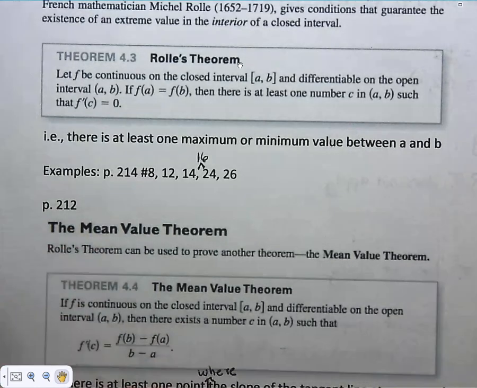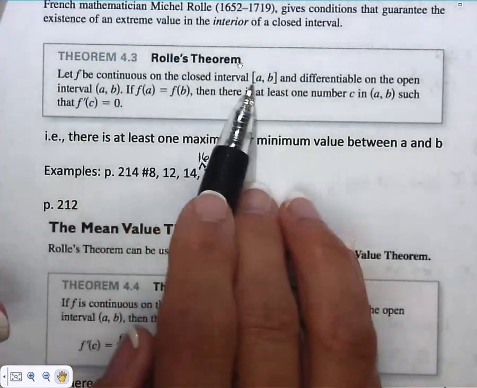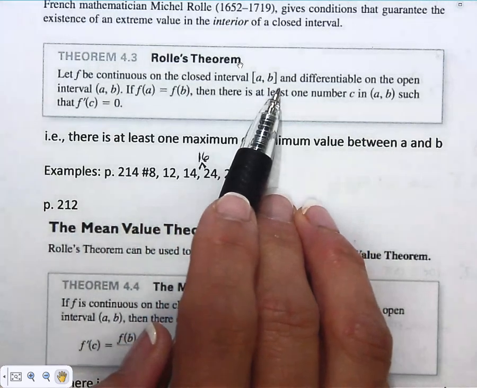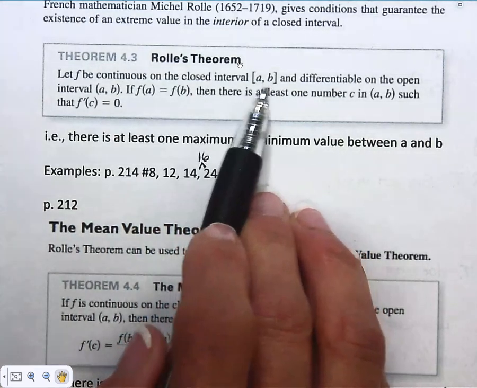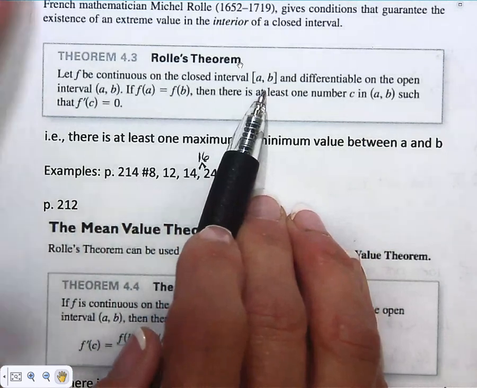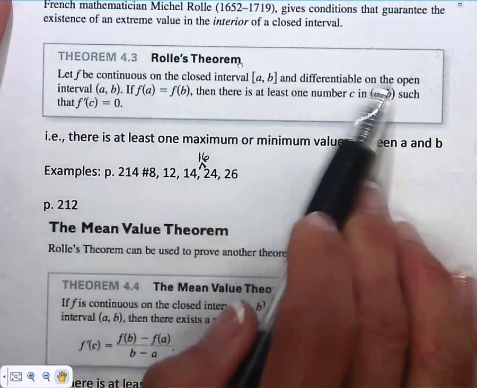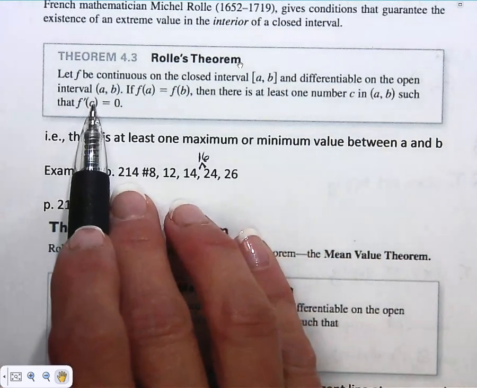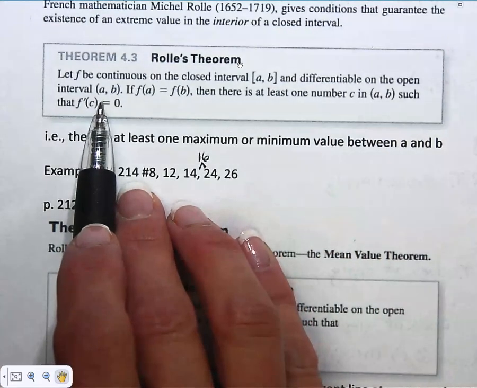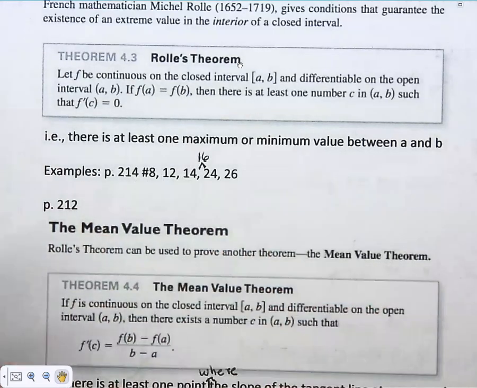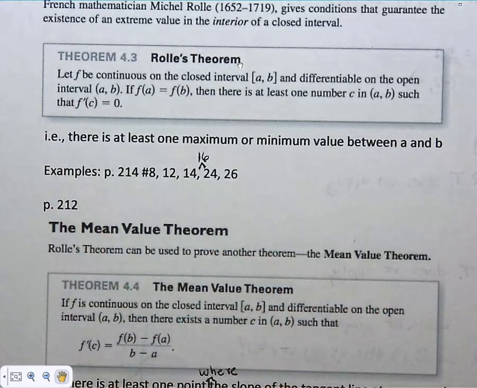Let f be continuous on the closed interval from a to b. Closed interval means including the endpoints, and that's what those brackets represent. And differentiable on the open interval from a to b. Open interval means not including the endpoints, and that's what the parentheses represent. Remember, in order to be differentiable at a point, both the left-hand derivative and the right-hand derivative have to exist.